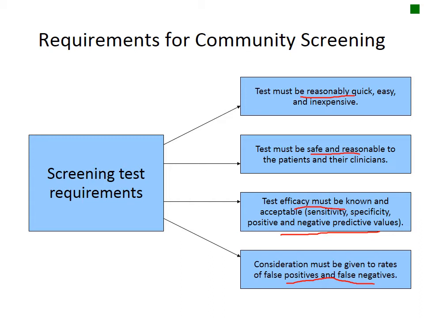So the test must have these values so that not only clinicians but the entire healthcare system, from the payer, the insurance company, to obviously regulatory agencies like the FDA, which are going to be approving some of these diagnostics, are going to want to have these data as well. And related to that is considering the rates of false positives and false negatives for a test.